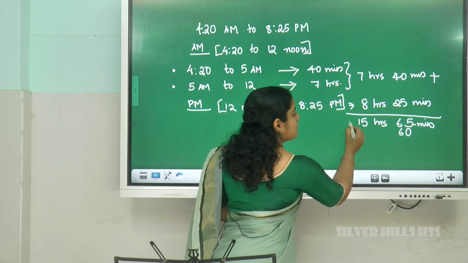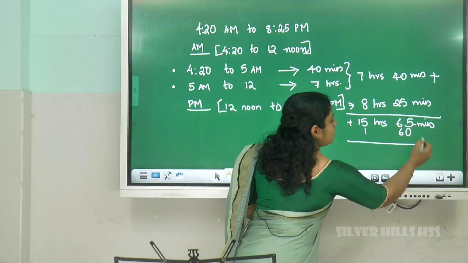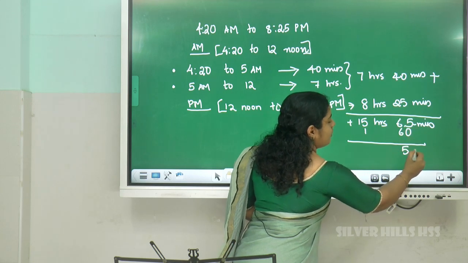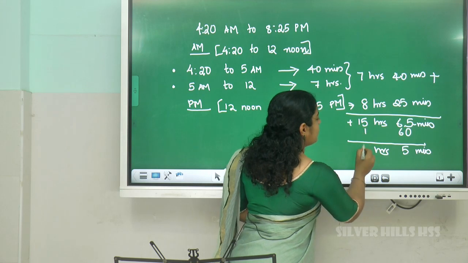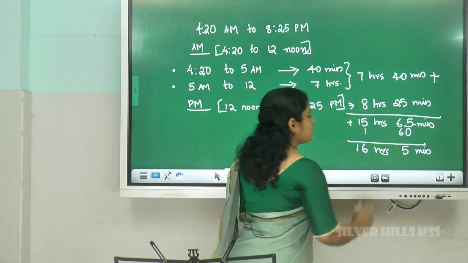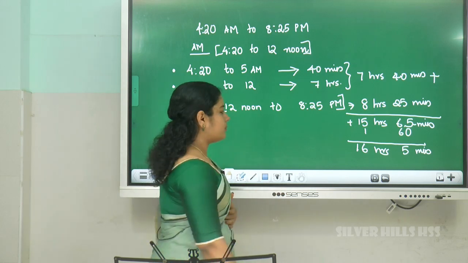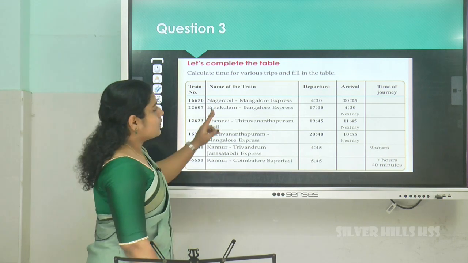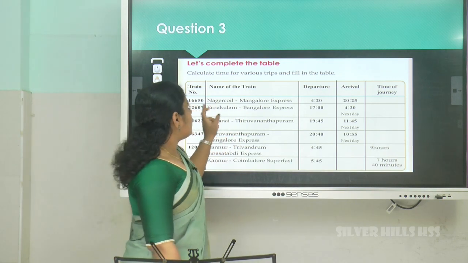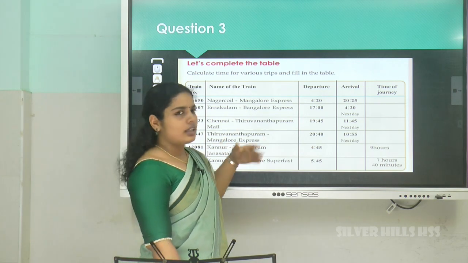Add 60 means we have to add 1 hour here. So 65 minus 60 is 5 minutes and 15 plus 1 is 16. So it is 16 hours and 5 minutes. So the time of journey of the first train is 16 hours and 5 minutes. Similarly, we can do the rest.